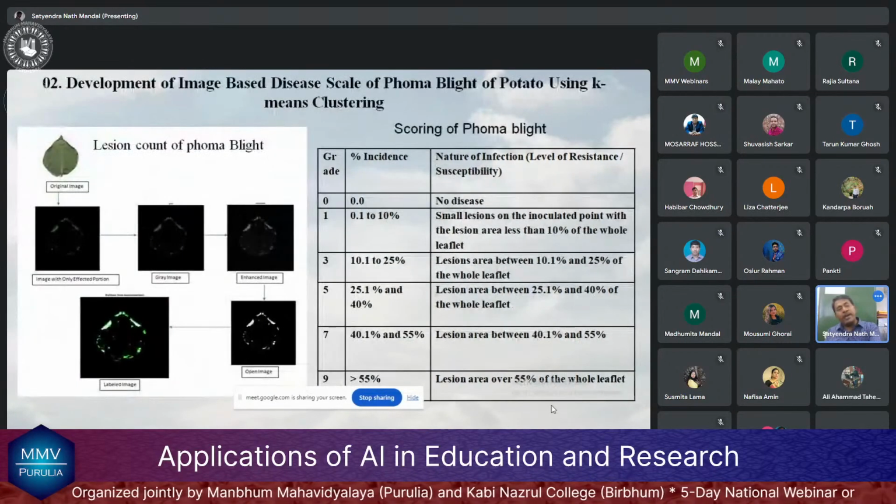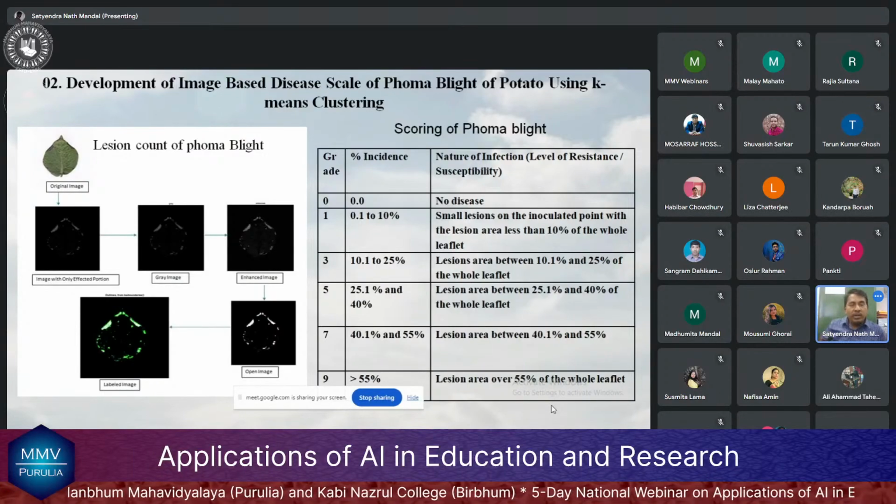We did the same thing for Homa bite, which always happens in West Bengal. Some small spots appear on the leaf area. It reduces the photosynthetic area.